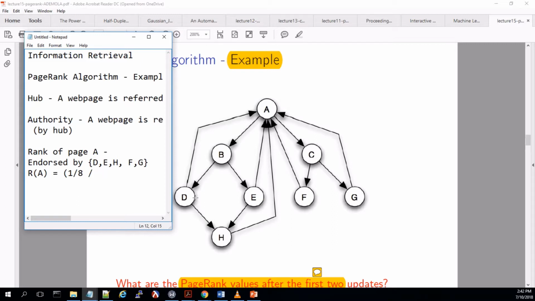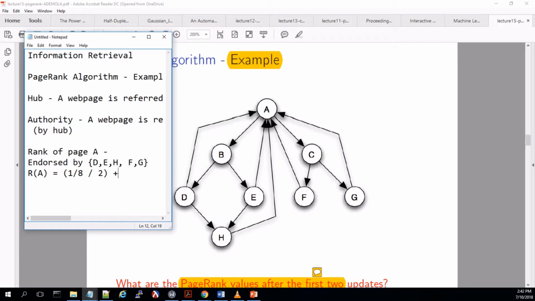We see that D is distributing its weight on two things, that is A and H. So the out degree of D is 2. So divided by 2. Okay, so that is that for D.